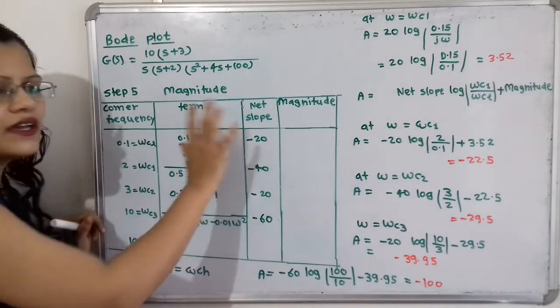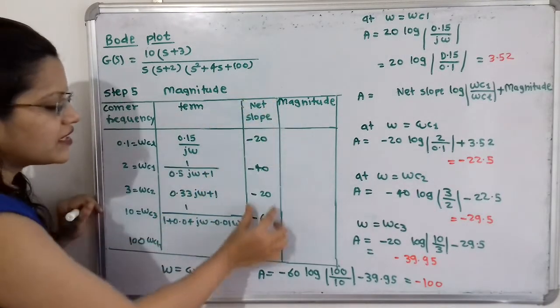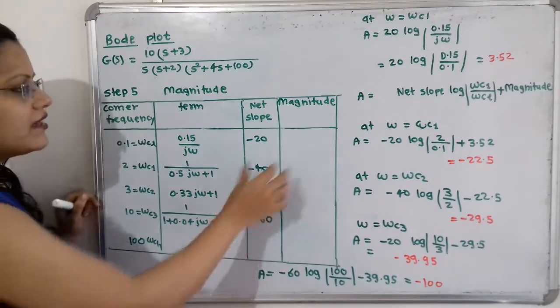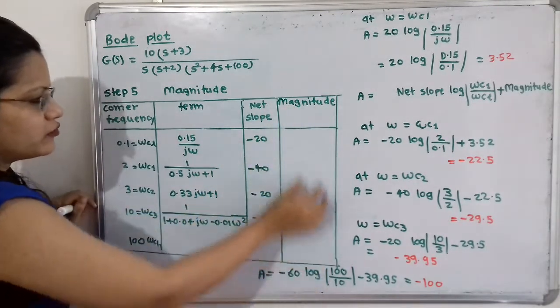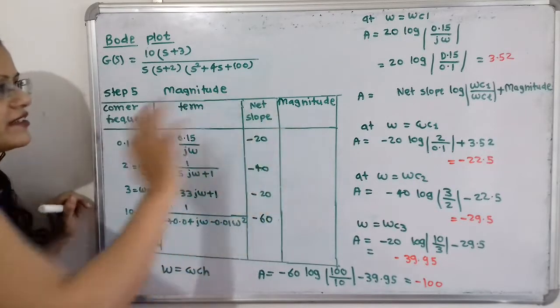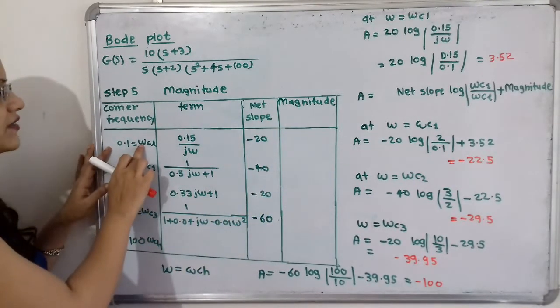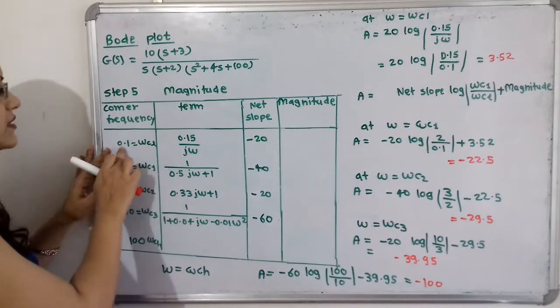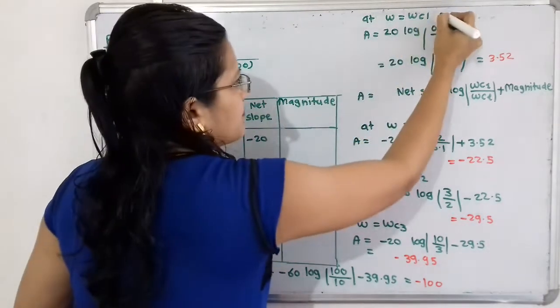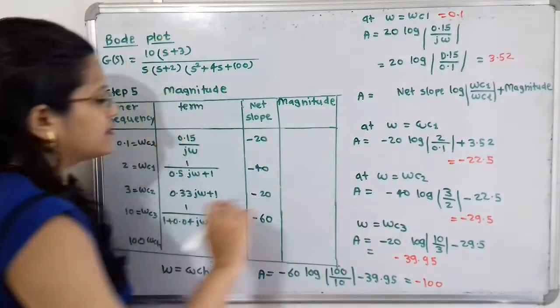So remember, here we have to consider the net slope. Then last one will be magnitudes. Now here we have to calculate the magnitude. Now first, if we take omega is equal to omega CL, which is equal to 0.1. So how to calculate the magnitude?